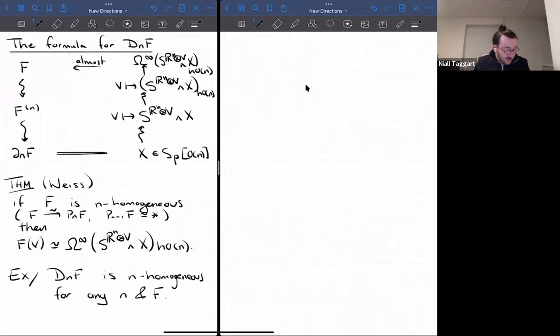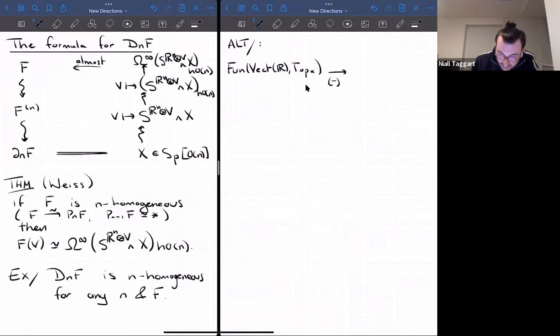Okay, there is another way to see this equivalence, just my slightly preferred method. So an alternative is you can look at all these adjunctions we have. We have this category we started off with, spaces. It turns out by a stroke of luck, taking the nth derivative is a right adjoint.